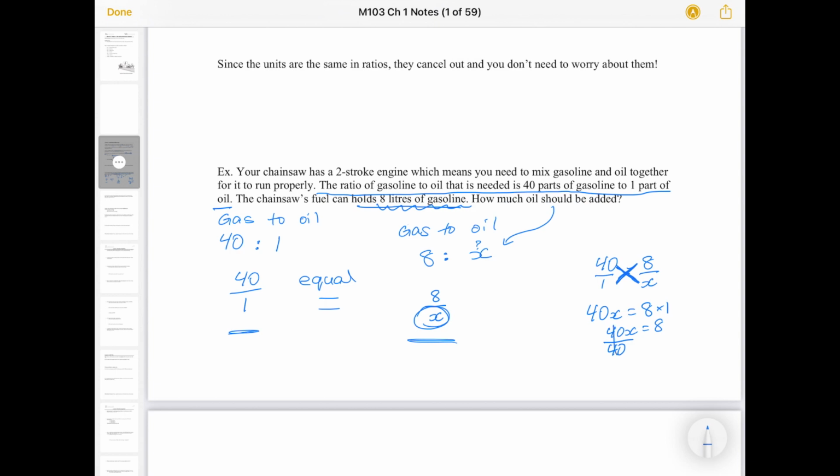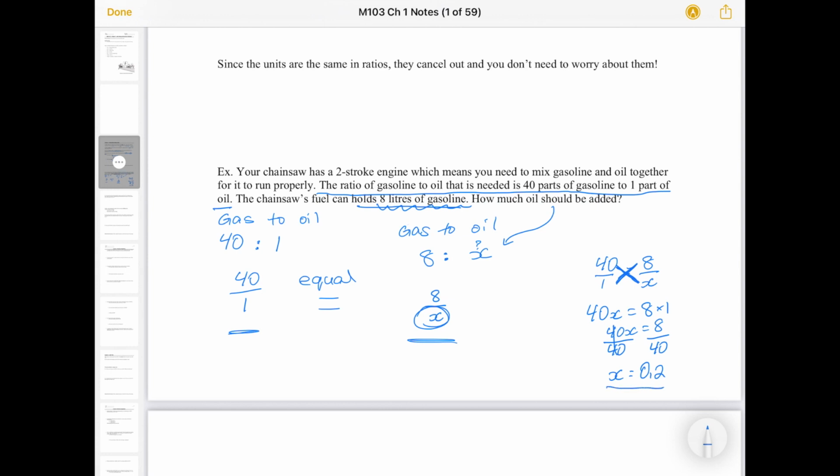That's how I get rid of that 40. It's going to cancel out. But I can't just do it on this side. I have to do it on this side too. Whatever I do to one side, I do to the other. So my x, my amount of oil, is going to be 8 divided by 40, which is 0.2.